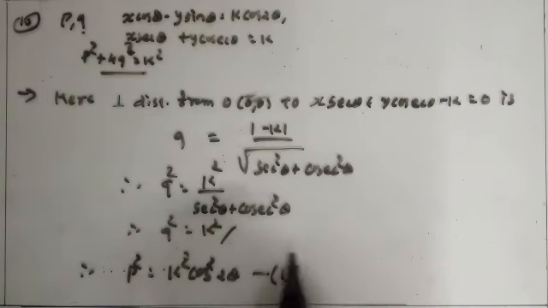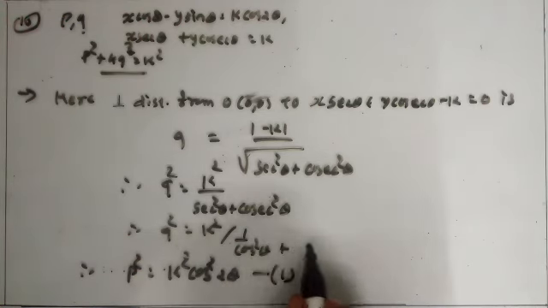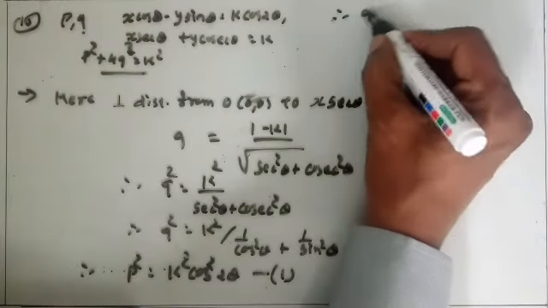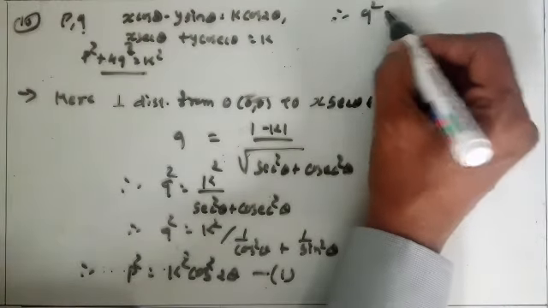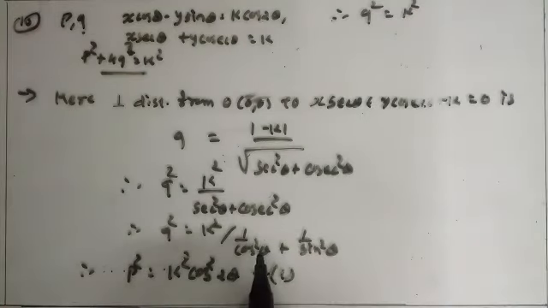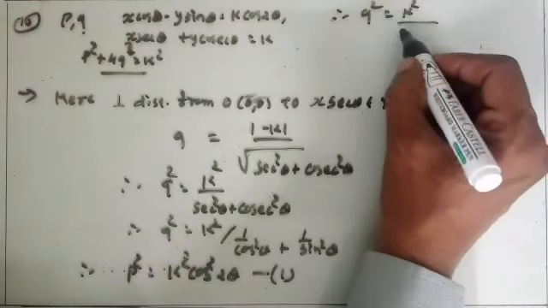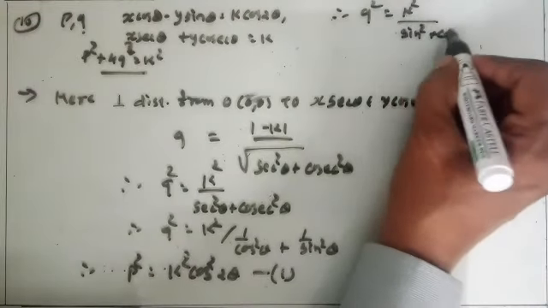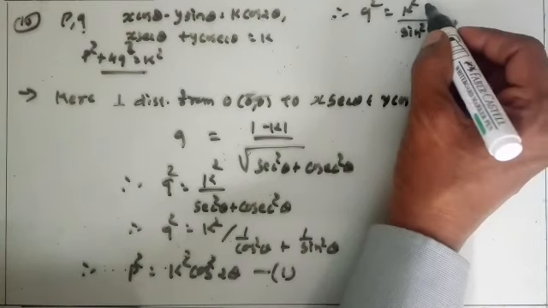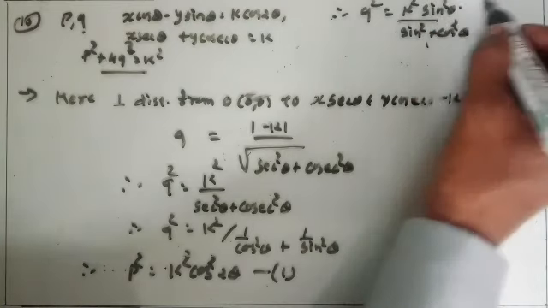Change into sine and cos form, we get 1 upon 1/cos square theta plus 1/sin square theta. Now simplify this, we get q square equal to k square. Here take the LCM of sin square and cos square, we get sin square theta plus cos square theta in the numerator and the LCM sin square theta into cos square theta.